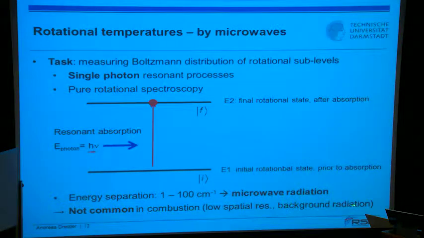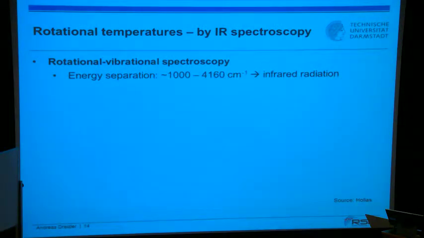Others are problems due to background radiation, for example, such that no one, at least I know of, is using microwave spectroscopy to directly excite these rotation levels. Okay, but in principle it's possible. So in the exhaust, for example, where you do not need a high spatial resolution, in principle microwave radiation could be used to probe that.